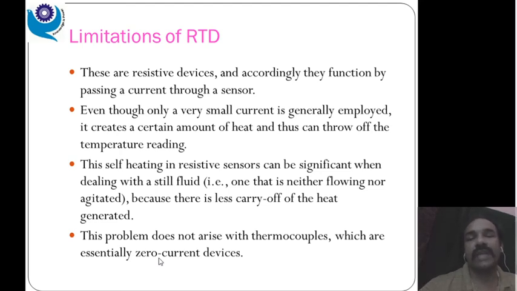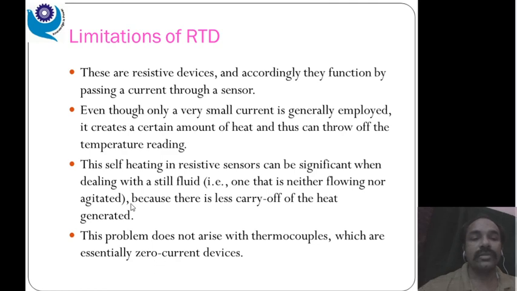Based on the applications we need to pass a current over there, right? When variation occurs in the flow of current, definitely its performance degrades, right? Due to the flow of current, heating is generated, and due to that heating the temperature changes, right?